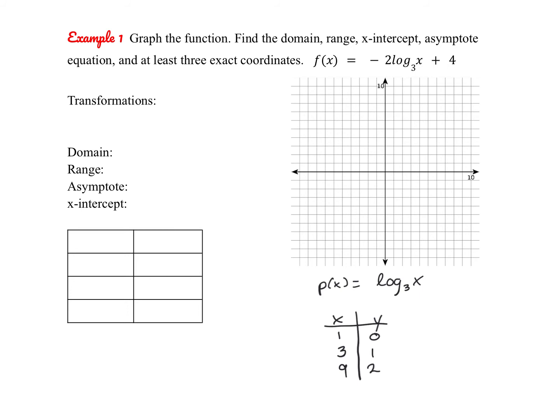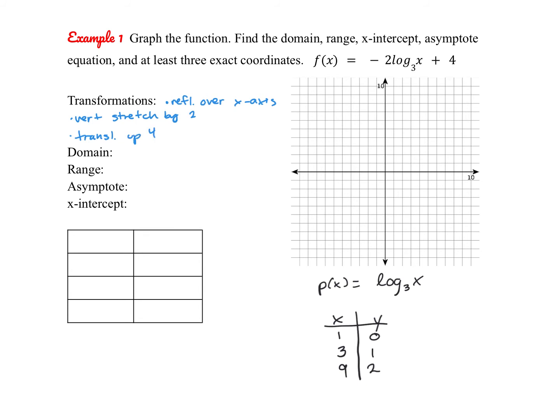So then looking at the transformations in our function for f of x, I see the reflection over the x-axis, which is vertical. I see the vertical stretch by 2. And then we see the translation up 4 units.